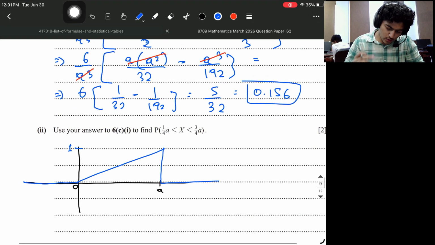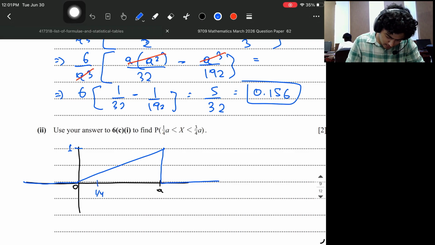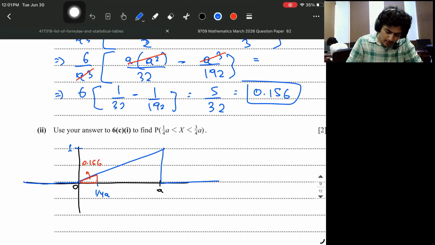So what do we know here? We know that the area under the first quarter of a is going to be 0.156. Similarly, the area from 3 upon 4a to a would also be the same, 0.156.